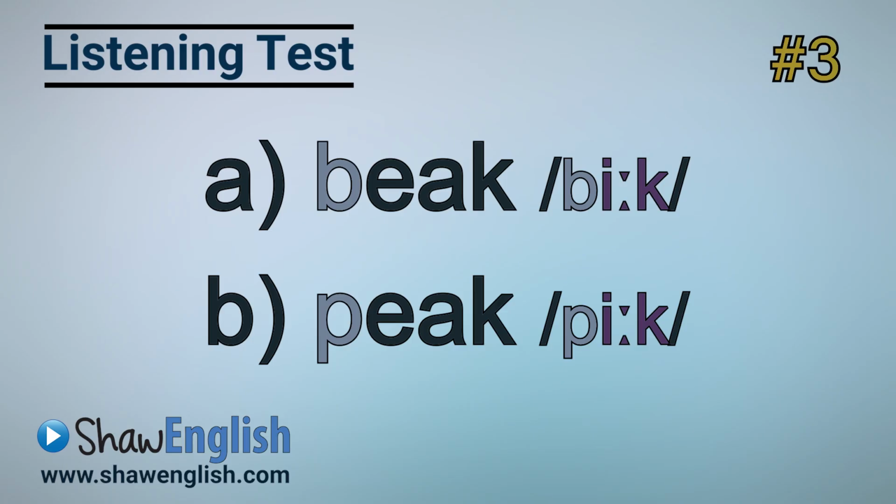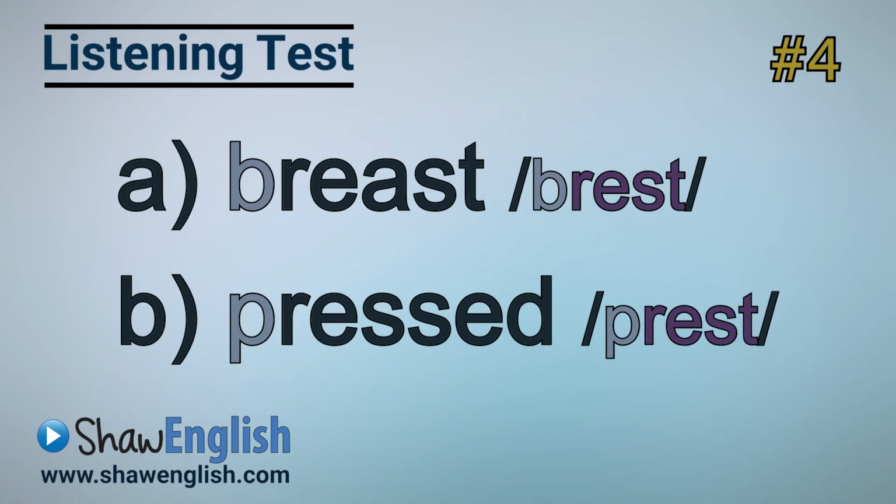Beak. It's A. Beak. B is peak. Breast. Breast. Which one is it? It's A. Breast. B is pressed.